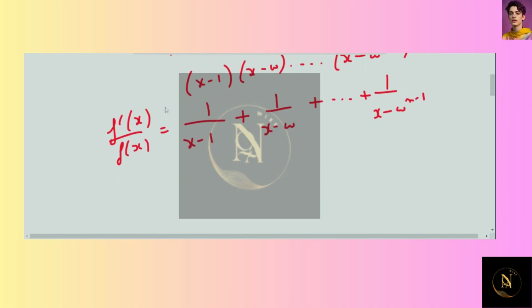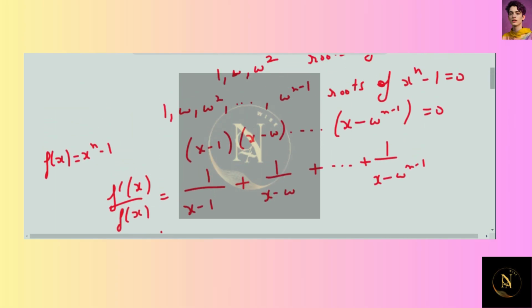Now let's find out f'(x) over f(x). For f(x) we had x to the power n − 1, so f'(x) is given as n x to the power n − 1 over x to the power n − 1.